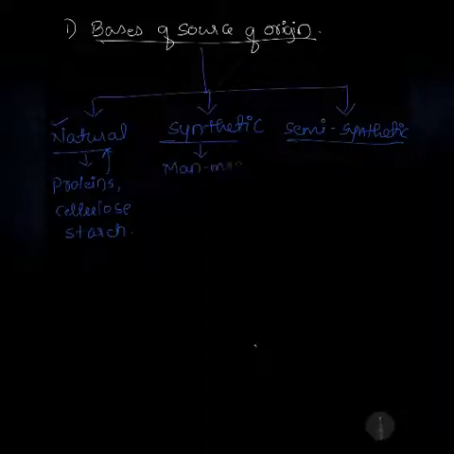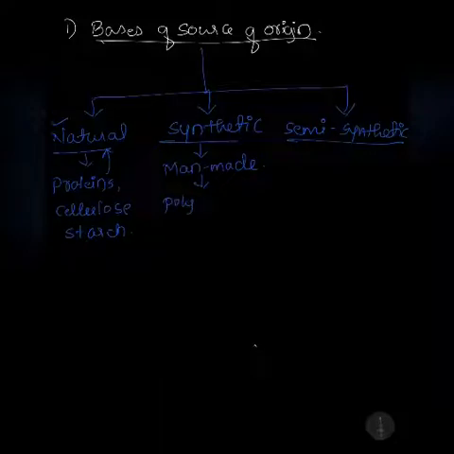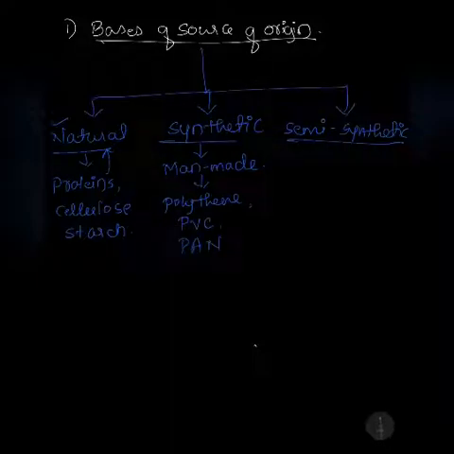We can synthesize them in the laboratory. The best example is the polyethylene bag, commonly called polythene, and polyvinyl chloride, PVC, polyacrylonitrile, PAN, polymethyl methacrylate, PMMA. These are examples of synthetic polymers.